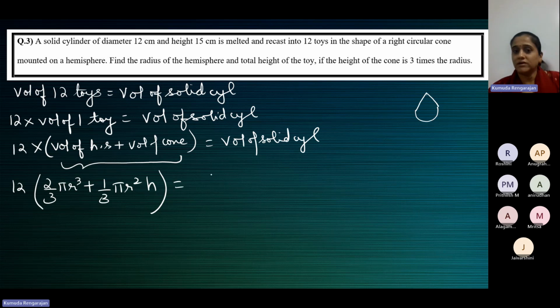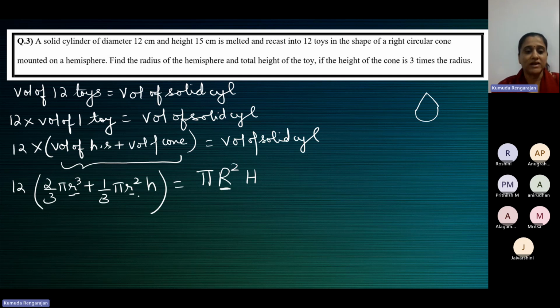Is equal to the formula. I cannot use the same letter r, because we'll use a capital R and capital H, pi R square H, like this. Because this R value is different from this R value.